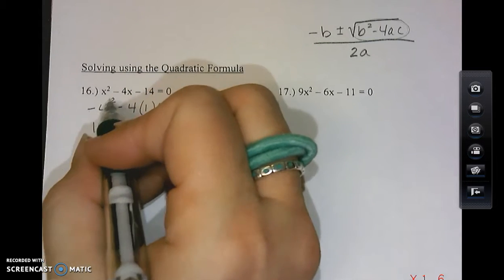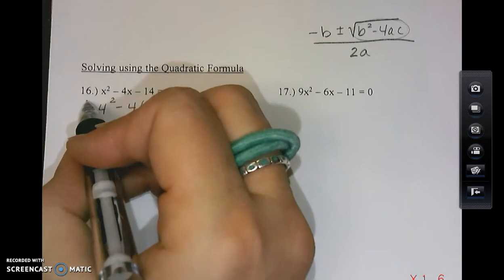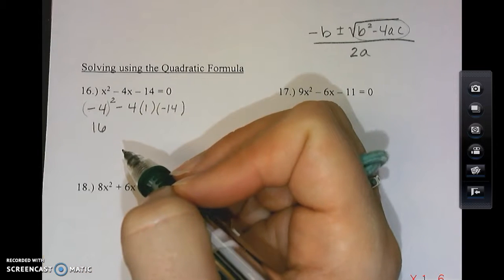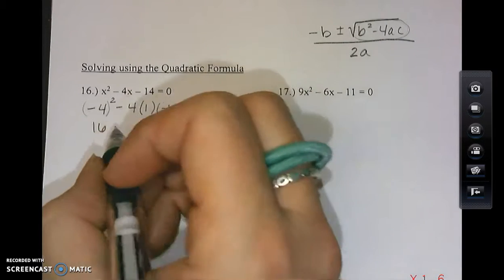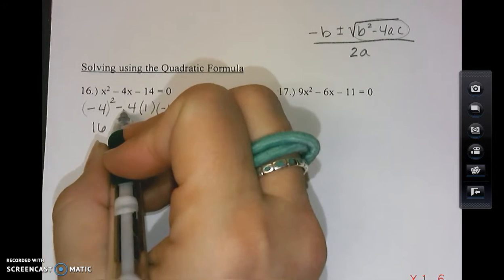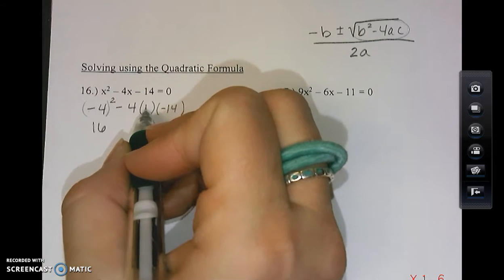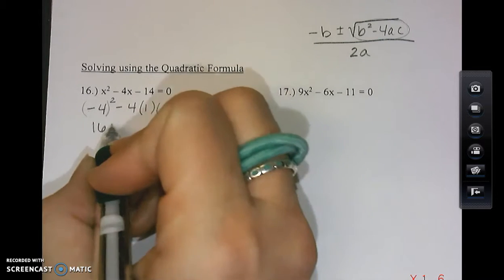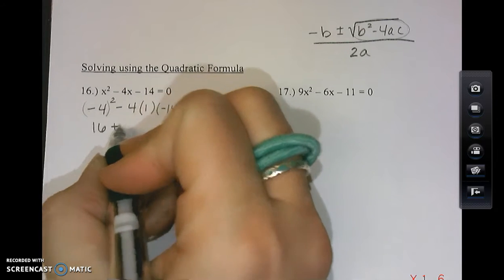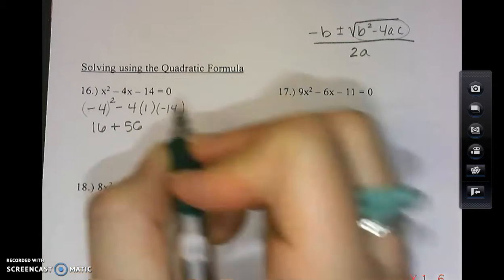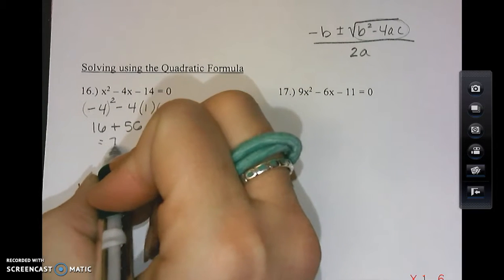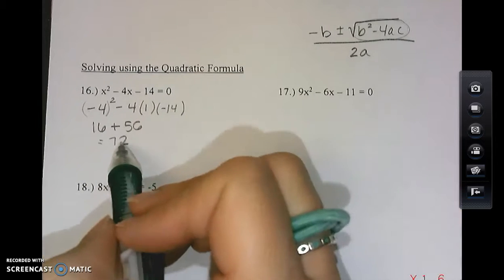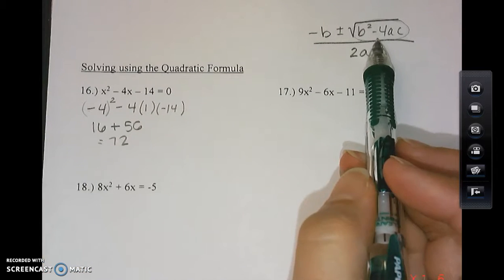Remember, negative 4 squared, when you put it in your calculator, make sure you put those parentheses so that we get the correct answer. And then this becomes negative 4 times 1 is negative 4. Negative 4 times negative 14 becomes a positive 56. And then when I add that, that gives me 72. So that is what's going to go underneath the radical.